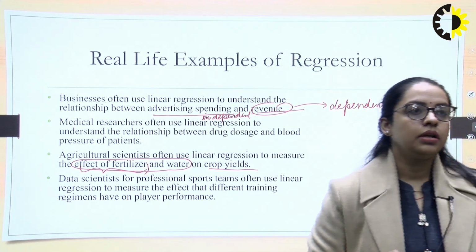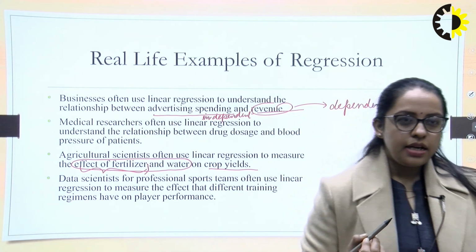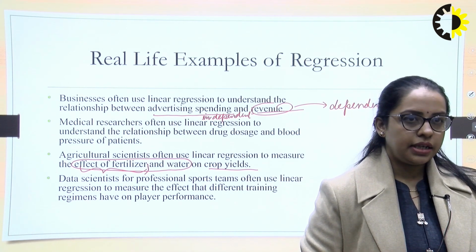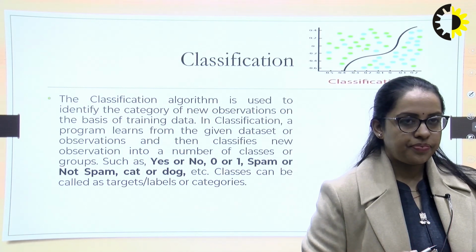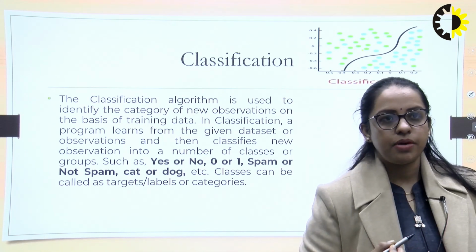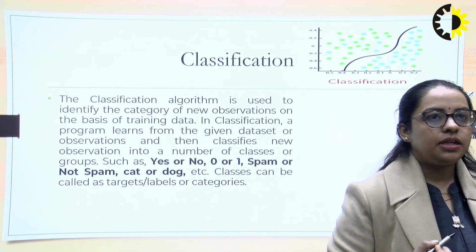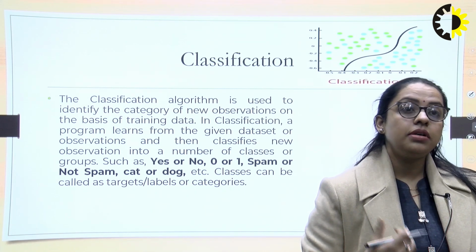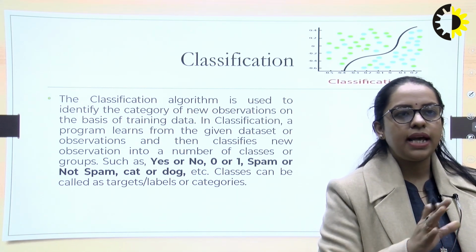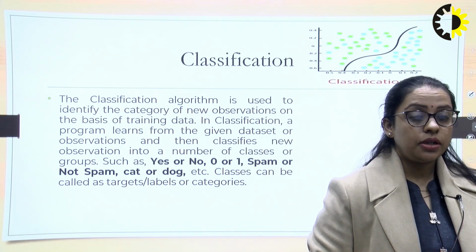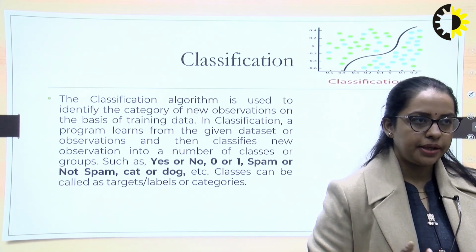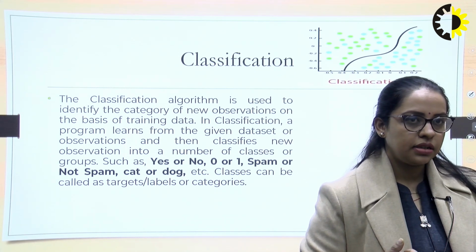Now coming towards the next type of supervised learning. The next type of supervised learning is classification. This is the simplest type of supervised learning, and I am assuming you all know a little bit about classification if you have gone through the first lecture of machine learning. What is classification?